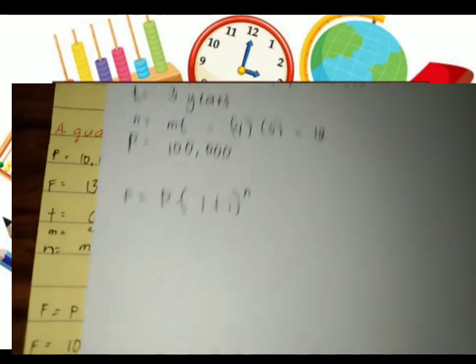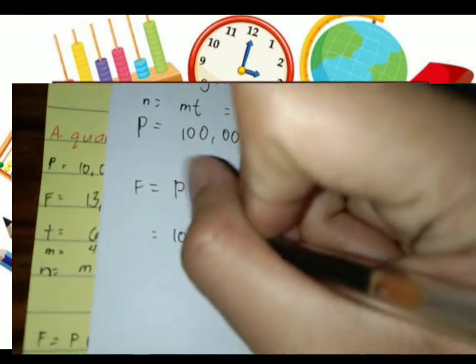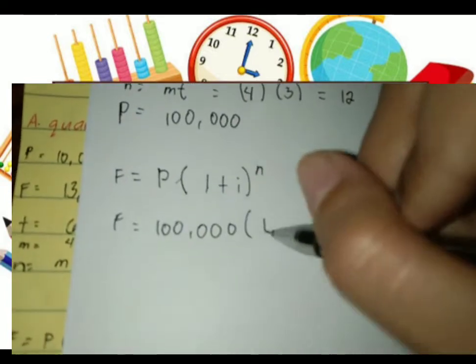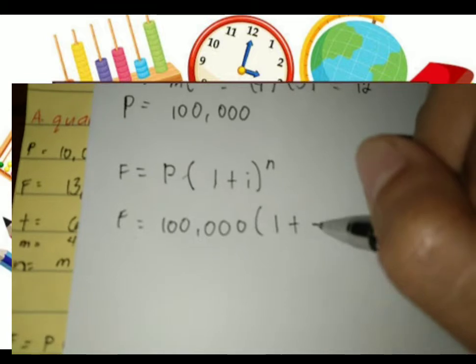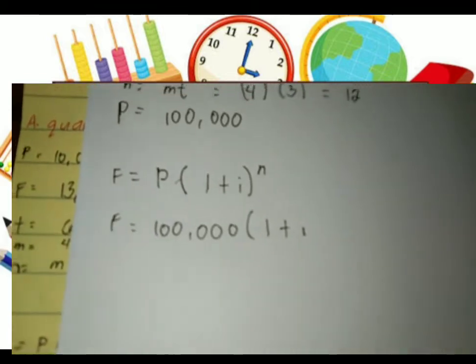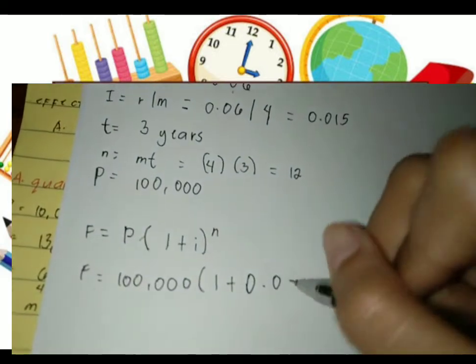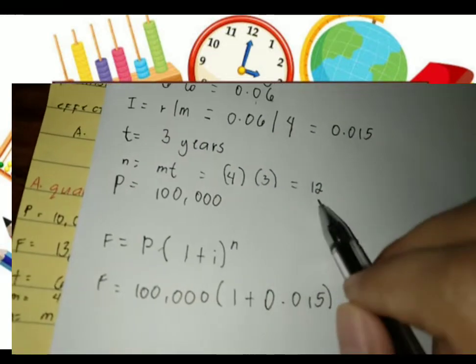Our P is 100,000, times the quantity 1 plus our I, which is 0.015, raised to N. Our N is 12.